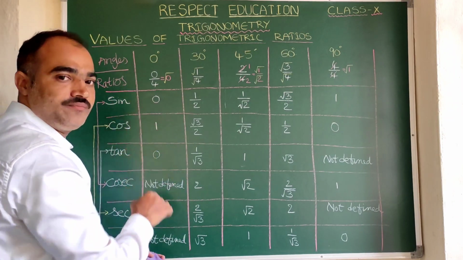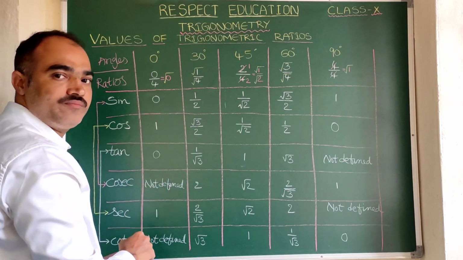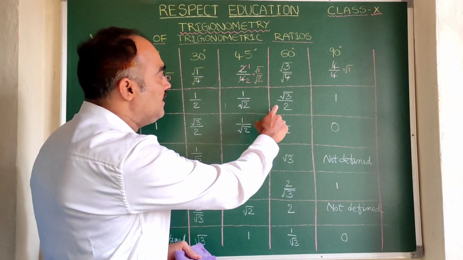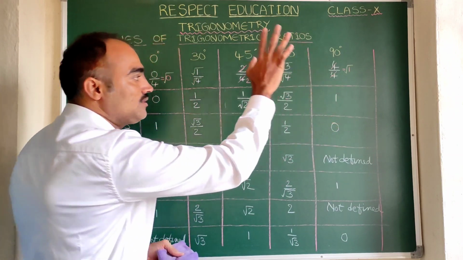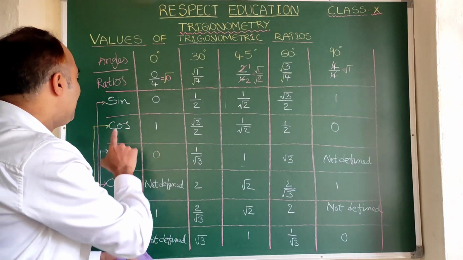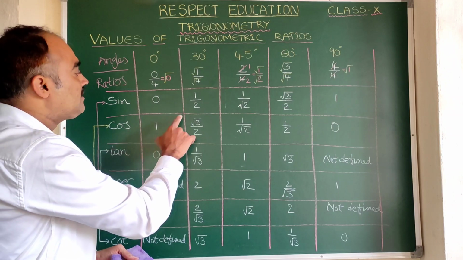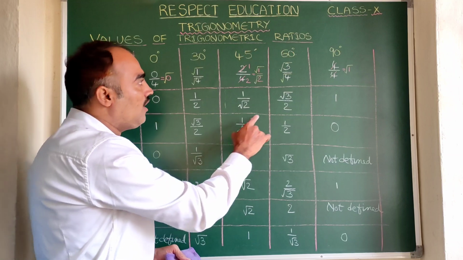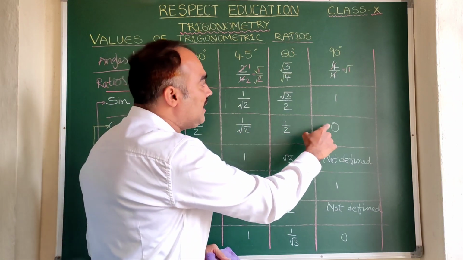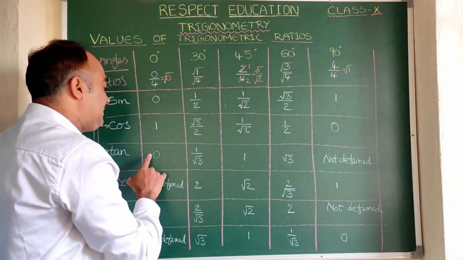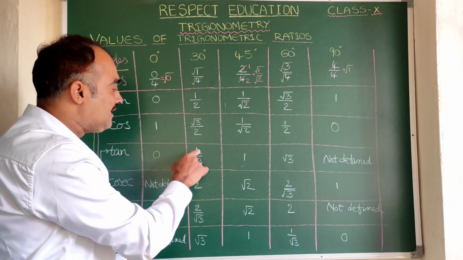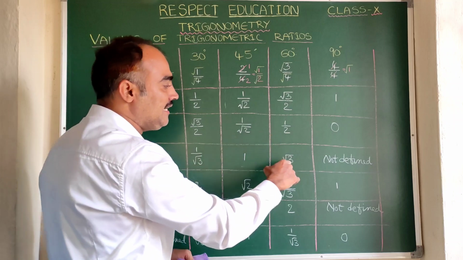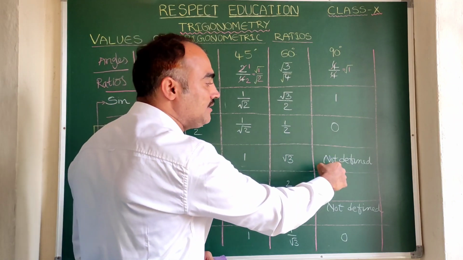Now let us recall these values once again. Sine 0 degrees, sine 30 degrees, sine 45 degrees, sine 60 degrees, sine 90 degrees. Now cos 0 degrees, cos 30 degrees, cos 45 degrees, cos 60 degrees, cos 90 degrees. Now tan 0 degrees, tan 30, tan 45, tan 60, tan 90 degrees.